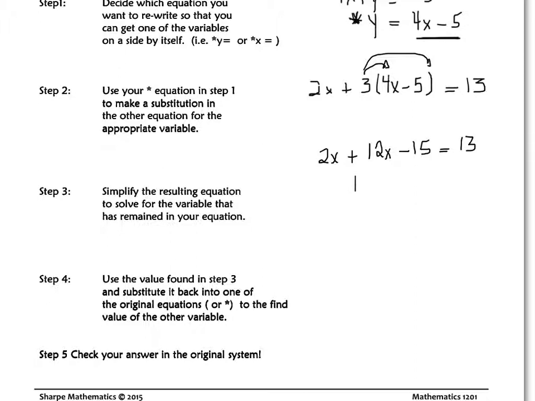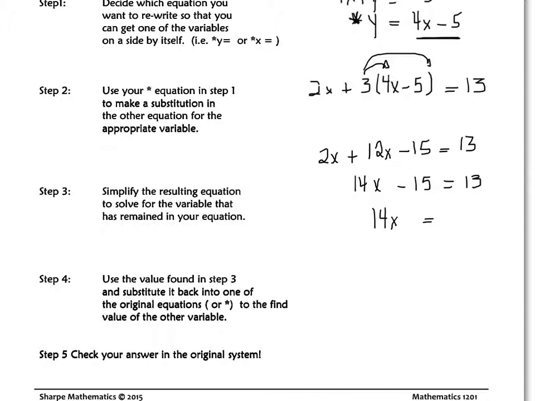And that's going to give you 14x minus 15 equals 13. So you see you have a single linear equation with one variable in it. Usually you would solve a linear equation like that by isolating the term containing the variable, bringing all the constants to the other side.